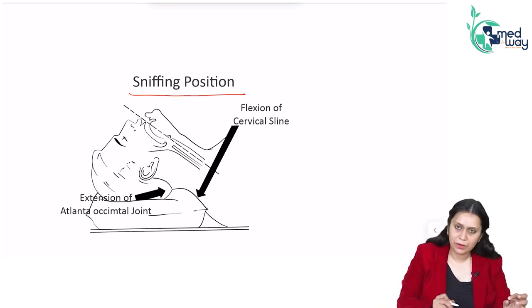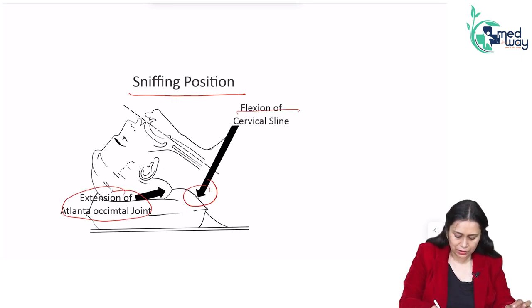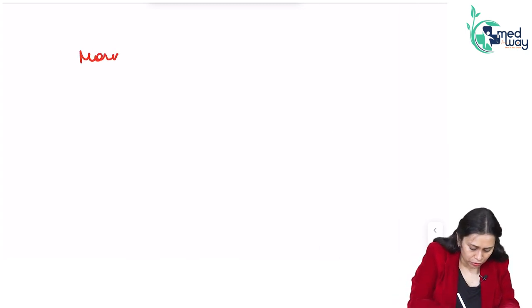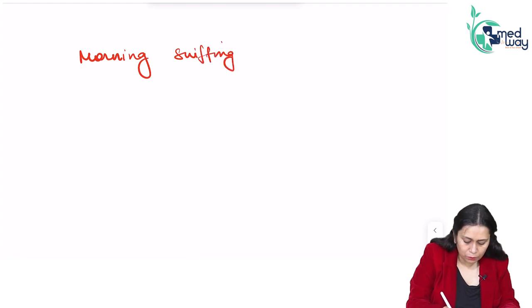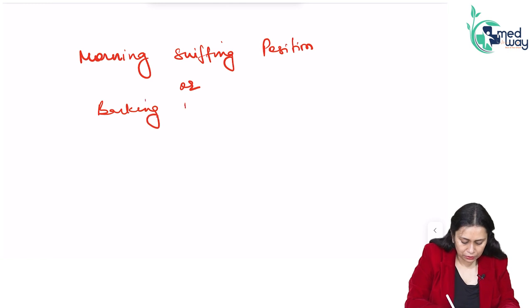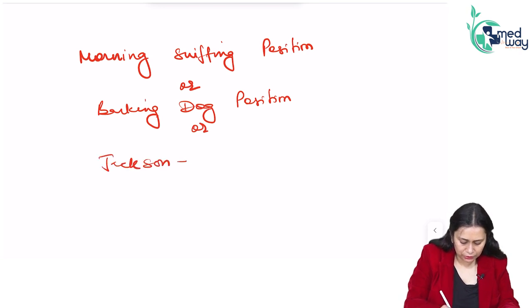When this sniffing position is made, there is extension of the atlanto-occipital joint and flexion of the cervical spine. Flexion of cervical spine, extension of head. This is also called the barking dog position, or Jackson Chevalier's position.